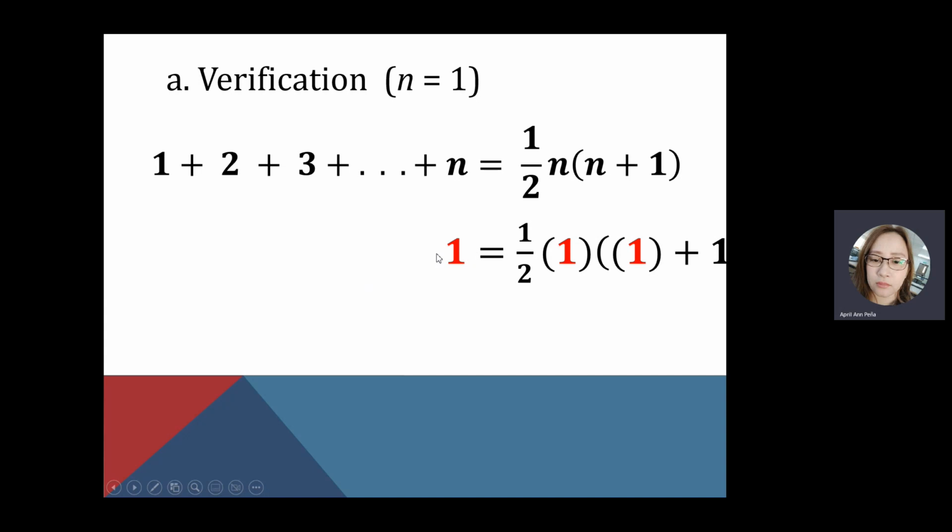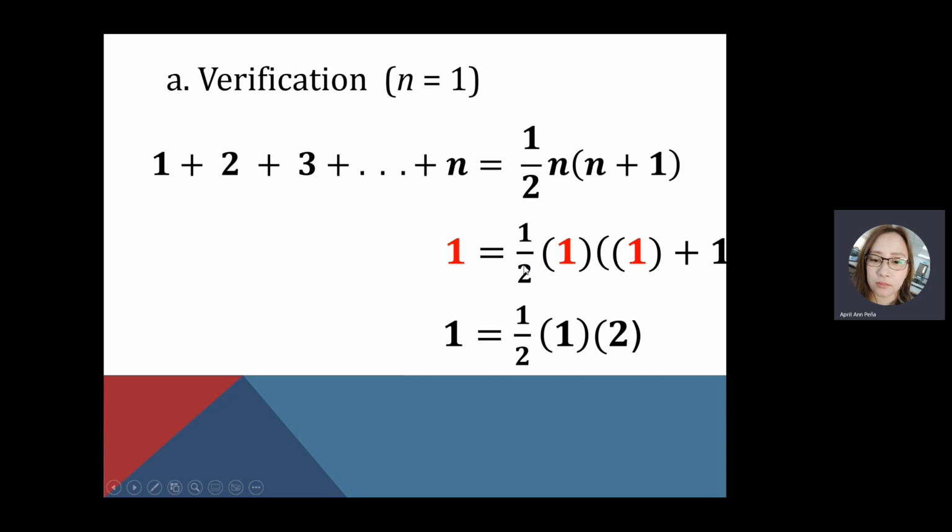Since we have 1 on the left, find a way how the right side can also be equal to 1. Remember that in verification, your goal is to show that both sides are the same. So it is not always 1 equals 1. It may also be 2 equals 2, 3 equals 3, 5 equals 5, as long as you have the same number for both sides.